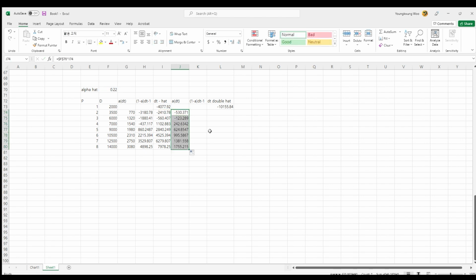Scroll it down, automatically calculate it, and here we use the data here, 1 minus alpha, freeze it, times, we use the initial value. So scroll down, and this one same thing, this plus this one.